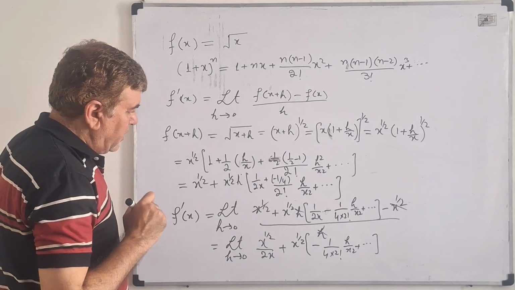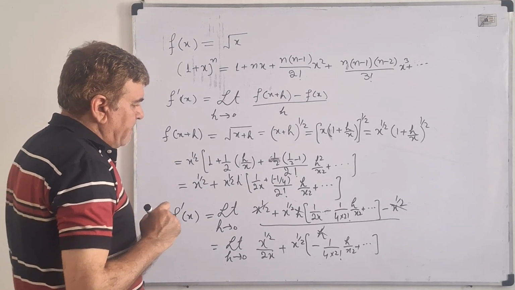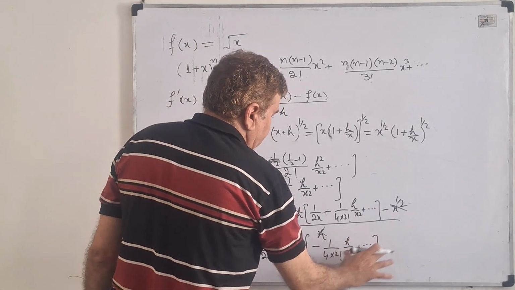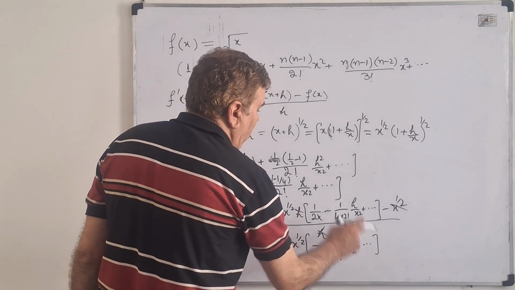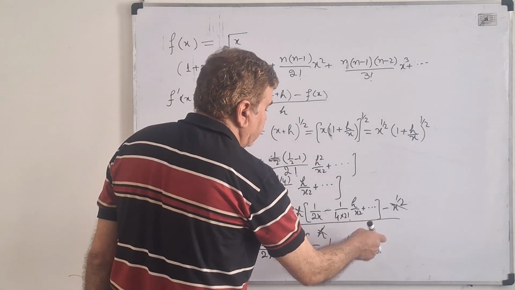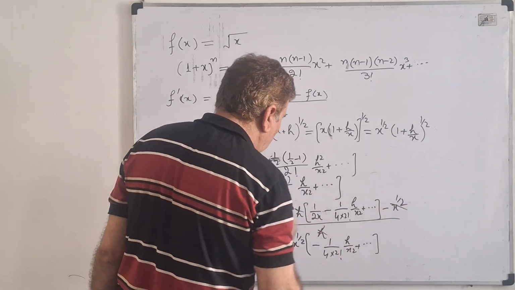Now you see, with this term and all the rest of the terms inside these brackets, we have h. That is, h multiplies every term. In the rest of the terms, the next one will be h squared, and so on.